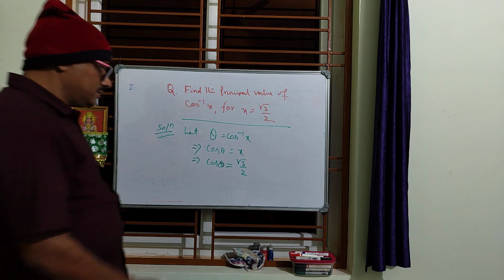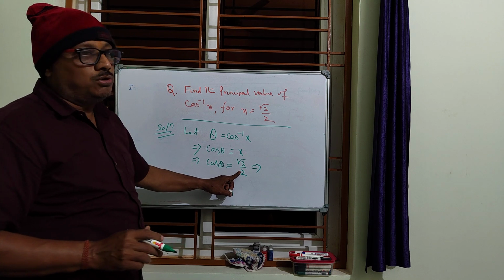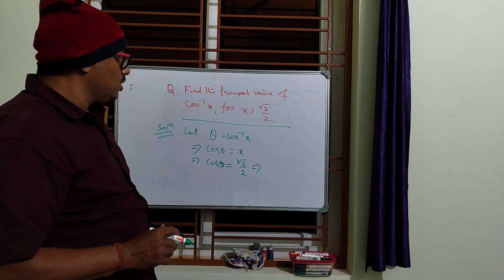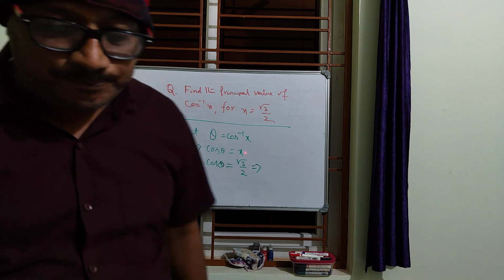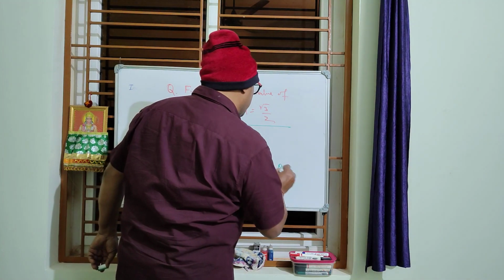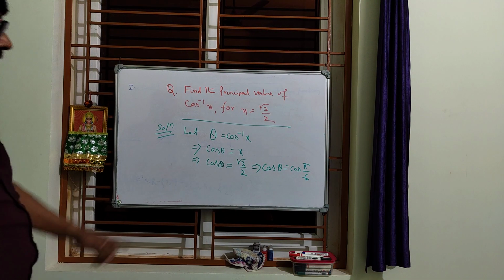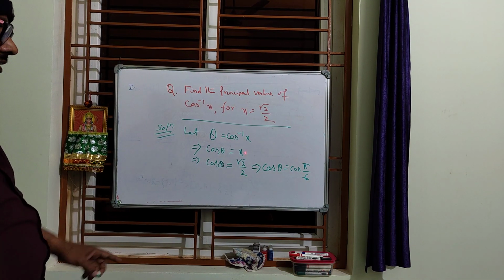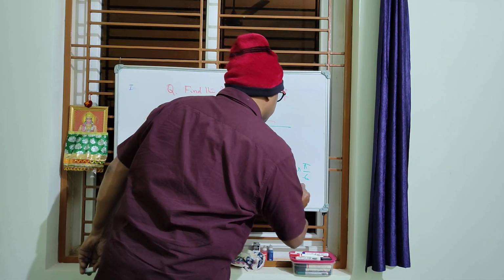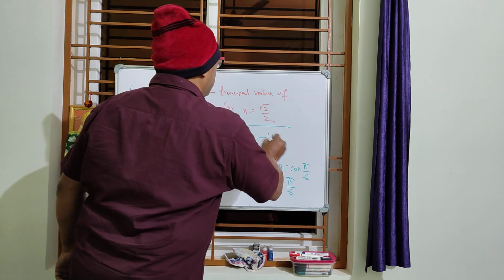We have known that root 3 by 2 is the value of cos pi by 6. Cos pi by 6, yes or no? Cos theta equals cos pi by 6. This implies theta equals pi by 6. Let it be equation 1.